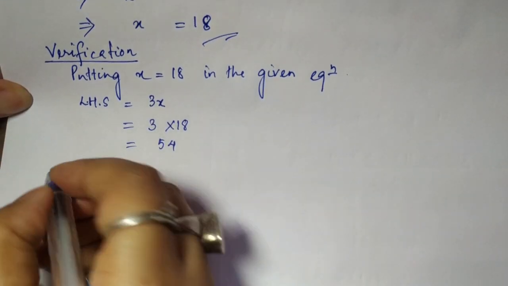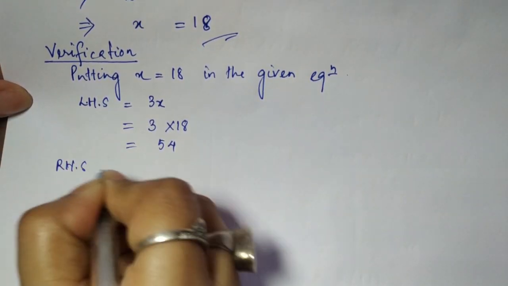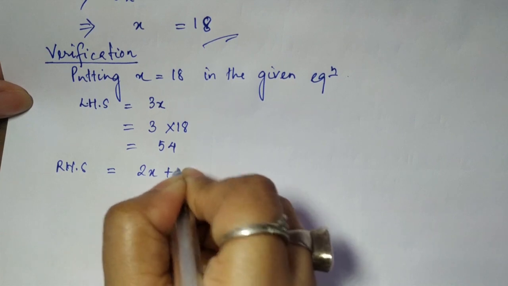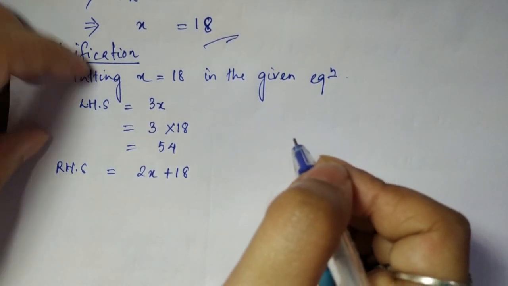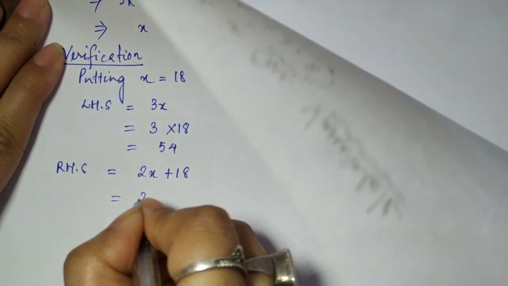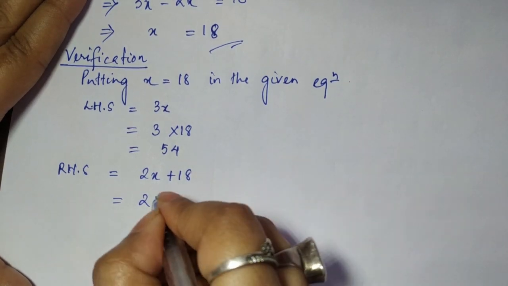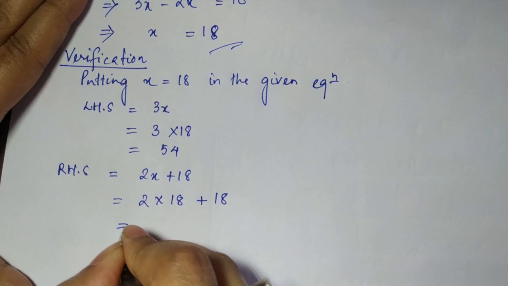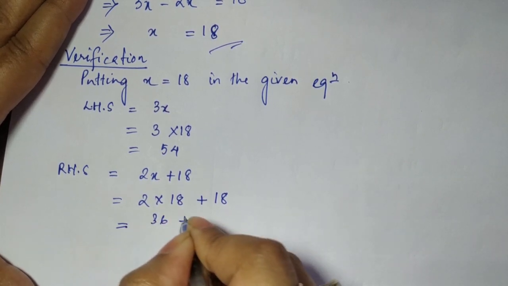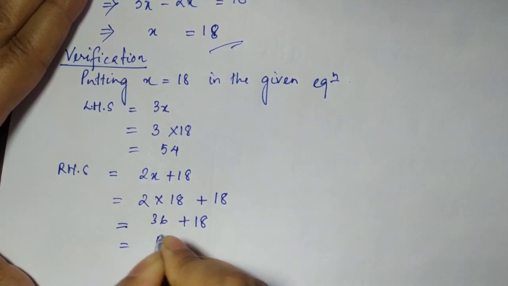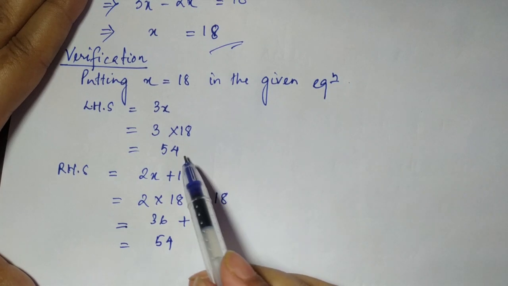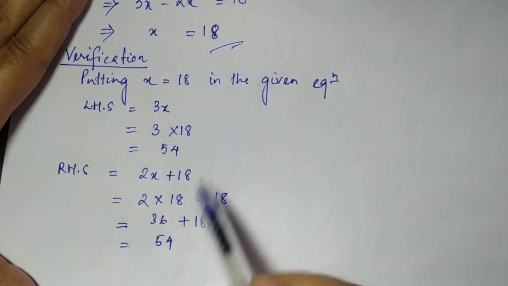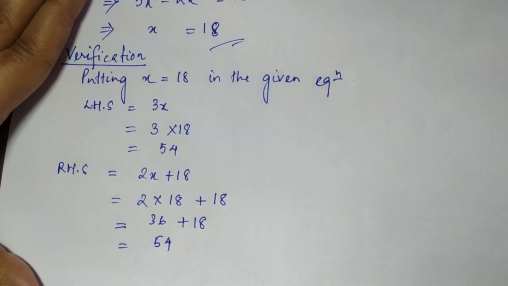Now we'll move on to the right hand side of the equation. The right hand side is 2x plus 18. The x value we got is 18, so let's substitute the value. 2 into 18 is 36, plus 18, so you will get 54. Now please see that this and this are equal, right?